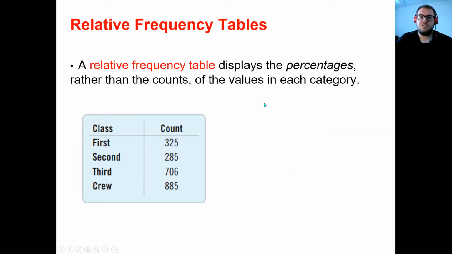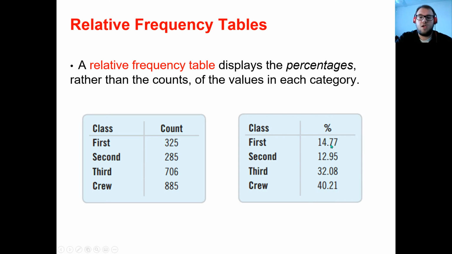So relative frequency tables display percentages rather than the counts of the values in each category. So you can see this is now, the first class is now a percentage of the total number of people that had that ticket on the Titanic.